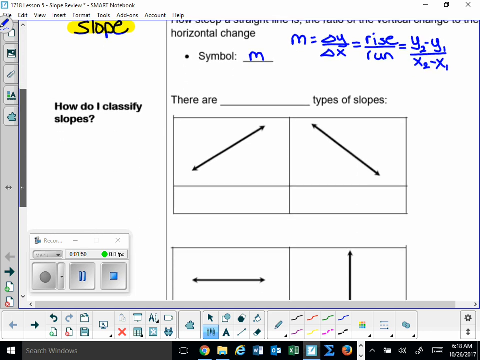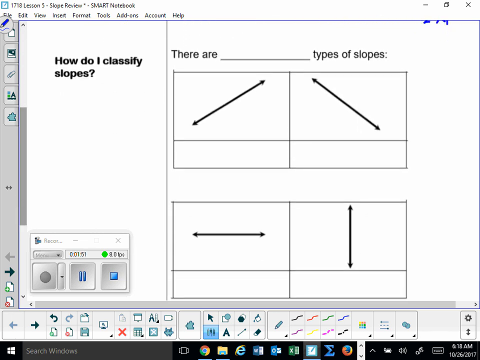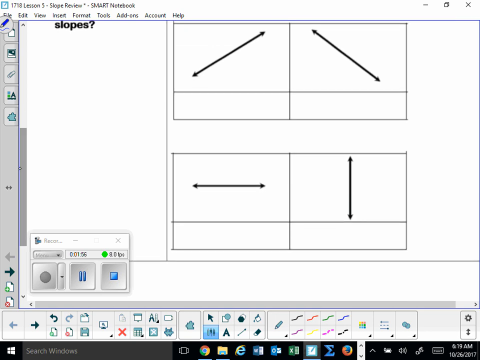So there are 4 basic types of slopes. We have positive slopes, negative slopes, zero slopes, and undefined slope.